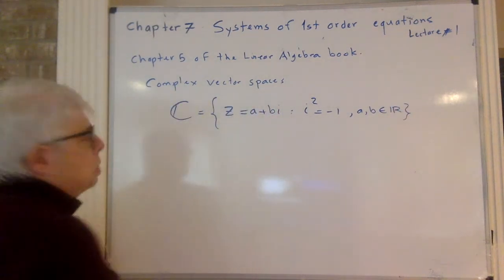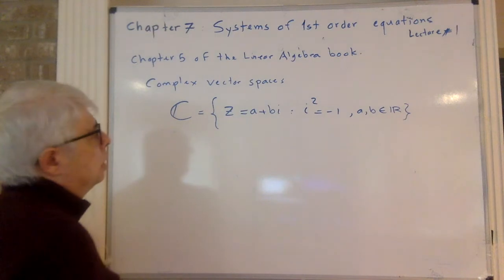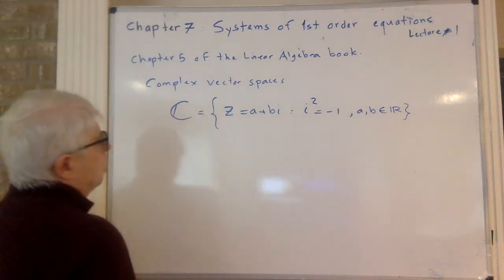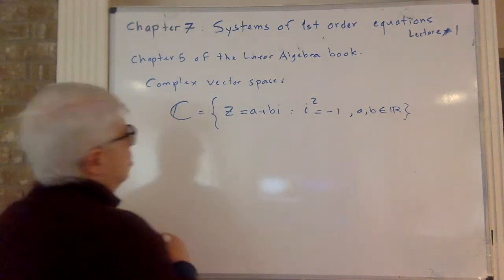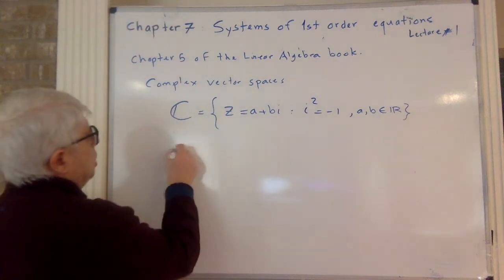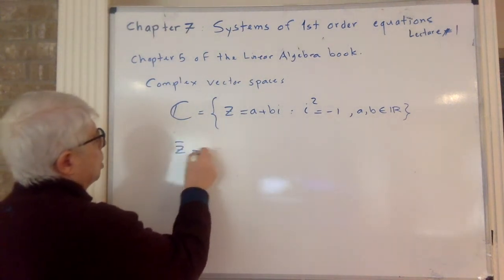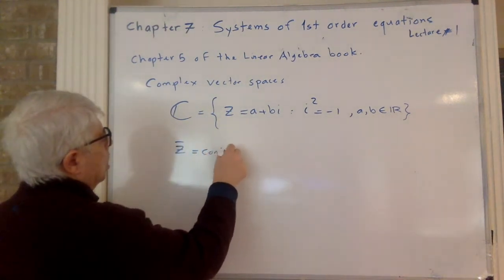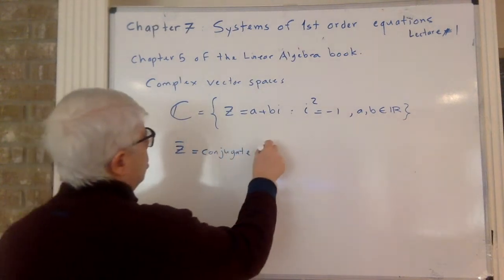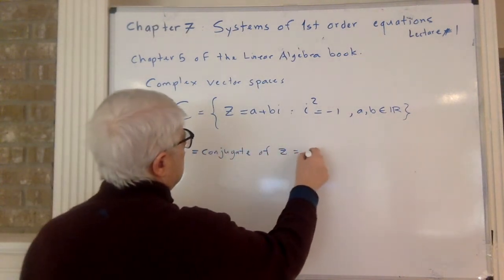So C is the set of complex numbers. And let's just review complex numbers a little bit. So we have Z bar, its conjugate of Z, and that is a minus bi.